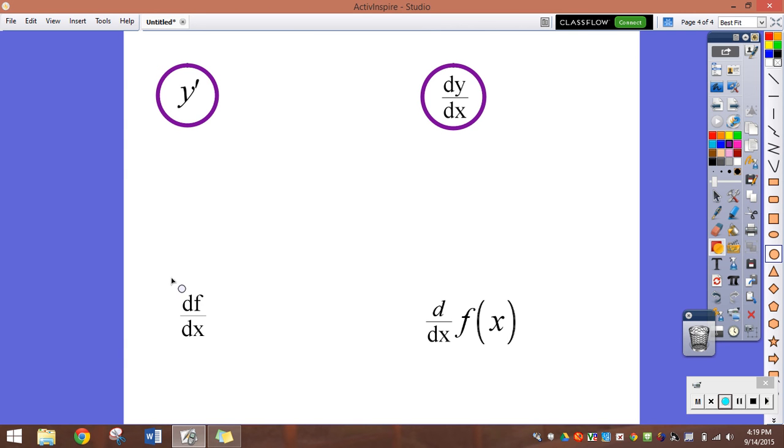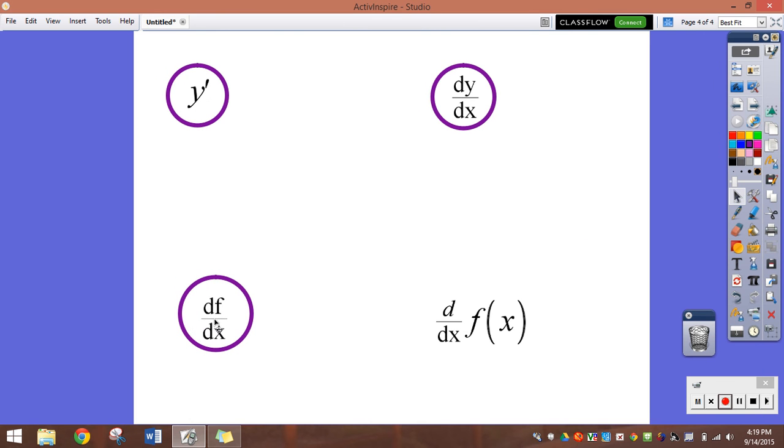You could also see written as, instead of dy over dx, you could see it as df over dx. This is the derivative of f with respect to x, so it just emphasizes that the function's name is f, or the function's name is g, instead of using the generic y. That comes in handy when you have multiple functions that you're looking at the same time.